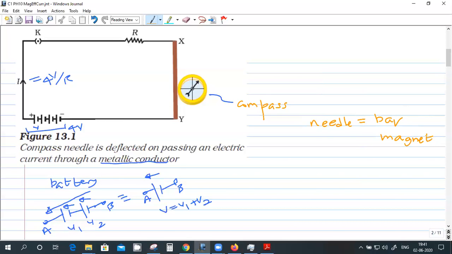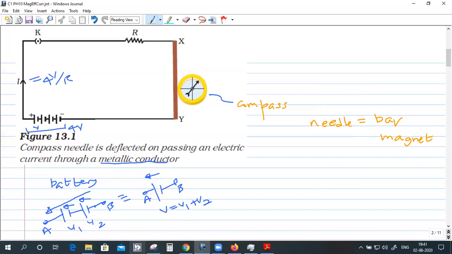Just a bar magnet, a small bar magnet. So if you put a bar magnet in a magnetic field, it will respond. North pole will repel, or North pole and South pole will attract. That force will create a deflection.